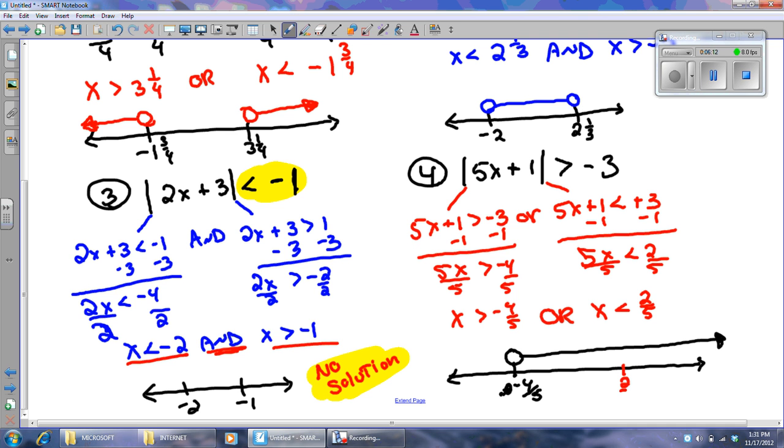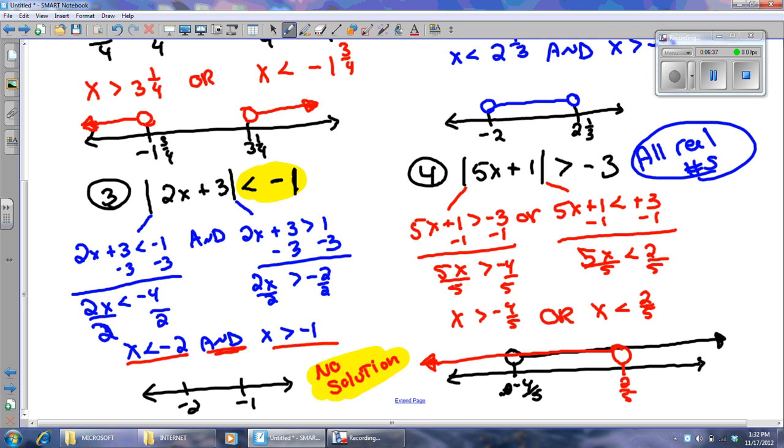Yeah, well, 2/5 would be approximately here, an open circle. And those numbers would be this way. So this is a situation where every single number on the number line is a solution. So the solution to this is all real numbers.